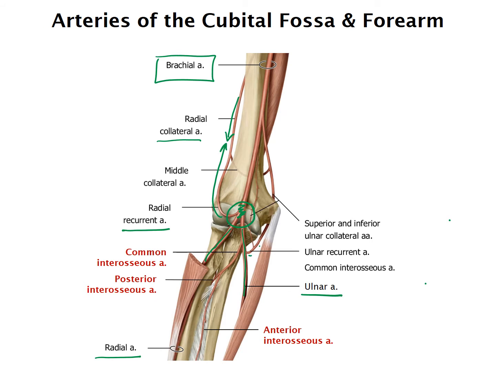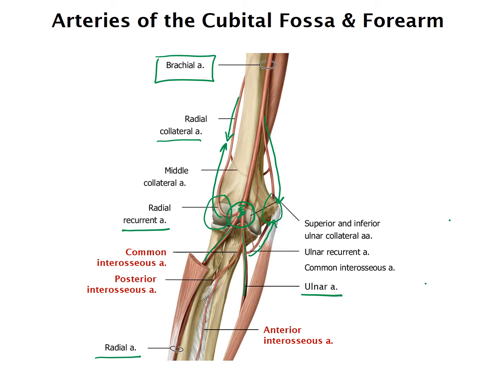There's an ulnar recurrent artery originating from the ulnar artery, heading back proximally to anastomose with the superior and even the inferior ulnar collateral arteries. Notice how the ulnar vessels course behind the medial epicondyle, whereas the radial vessels course anterior to the lateral epicondyle and the capitulum.